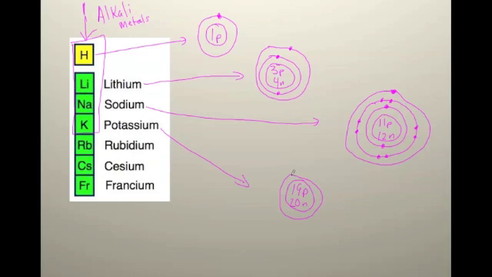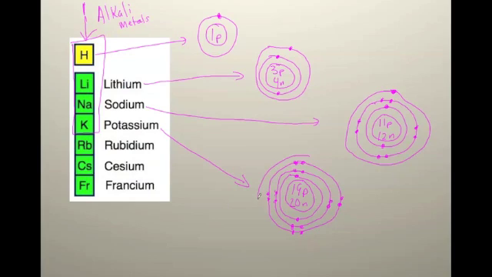Once again, in the innermost shell, you have 2. The L shell, you have 8 electrons. M shell, you have another 8 electrons, which brings us to 18 electrons.